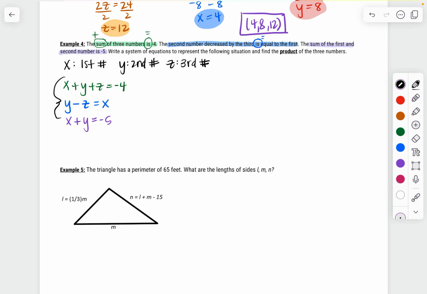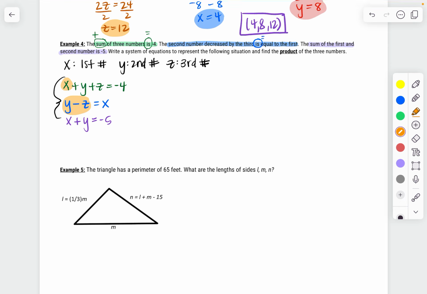Now we're going to plug in our values. How you choose to approach this is completely up to you. Since my second equation is already in terms of x equals, that means everywhere I see x, I can substitute in y minus z.